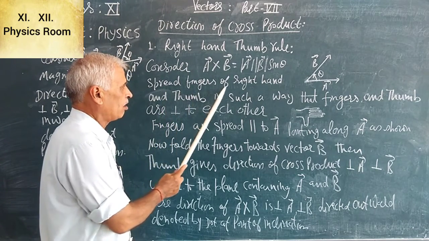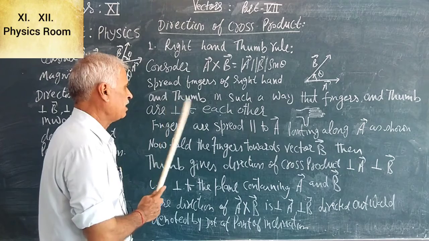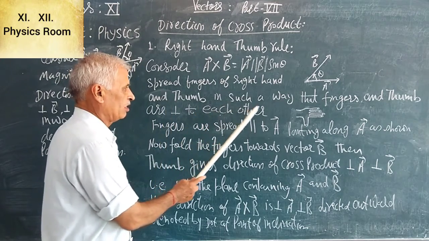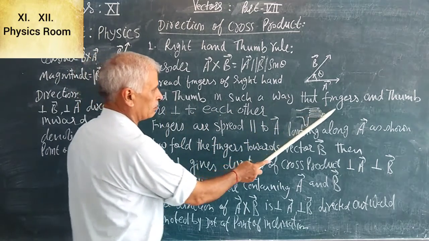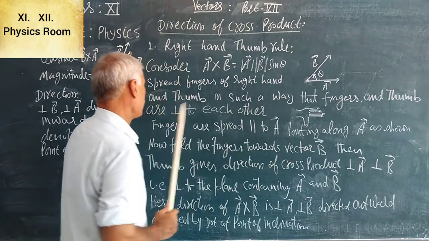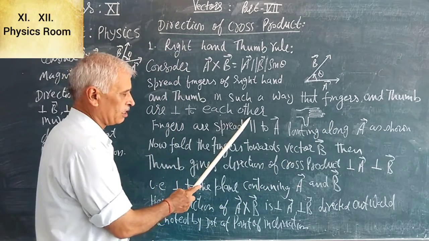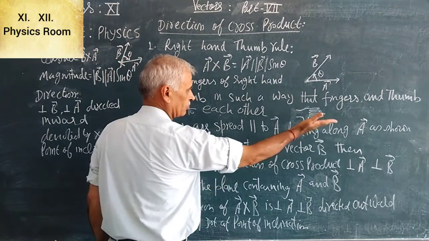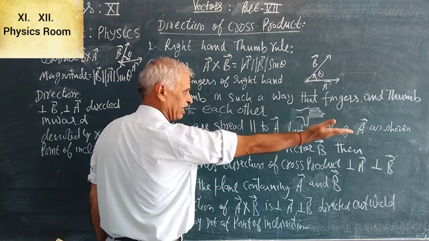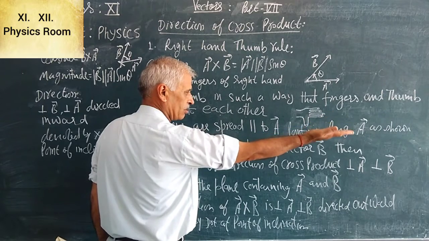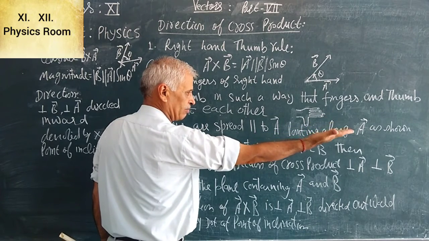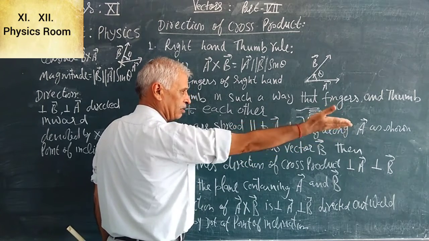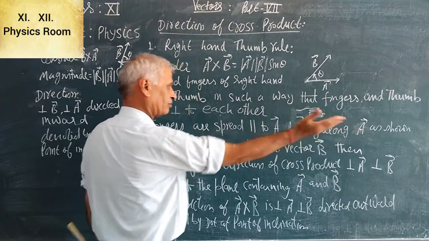Separate the fingers of the right hand and thumb in such a way that the fingers and thumb are perpendicular to each other, as shown. This is my right hand, fingers separate and thumb perpendicular to them.